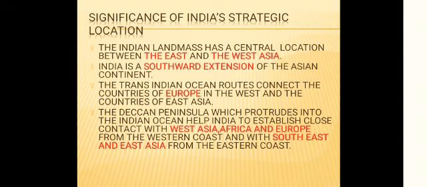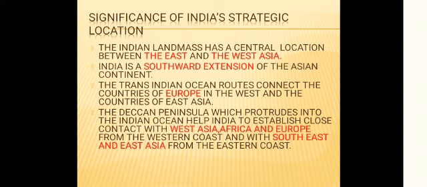Children, the Indian landmass has a central location between East and West Asia. And India is the southward extension of Asian continent. It means India lies to the south of Asian continent. The trans-Indian Ocean routes connect the countries of Europe in the west and the countries of East Asia.